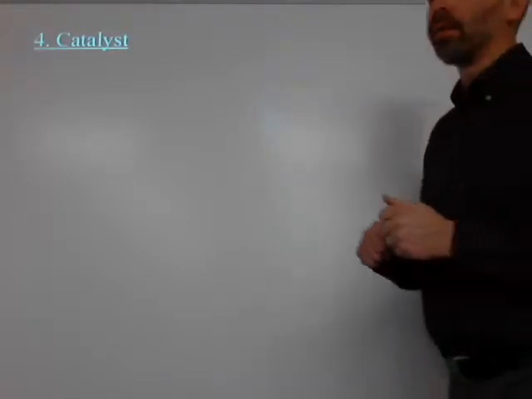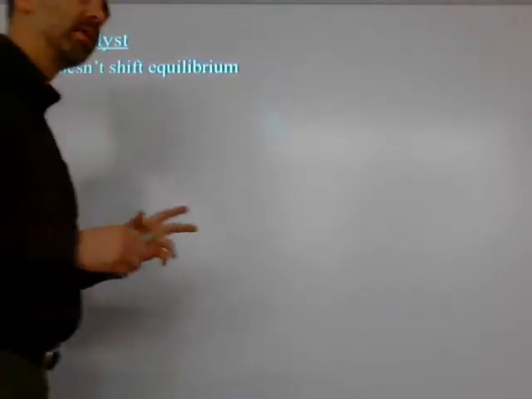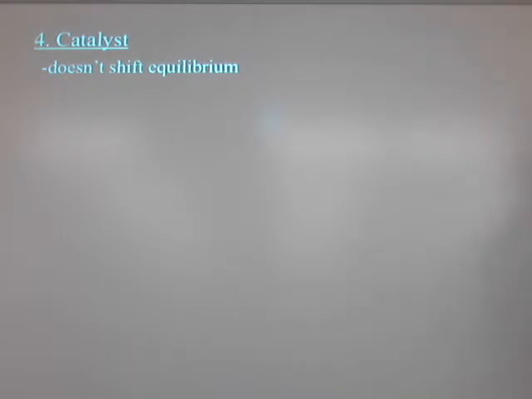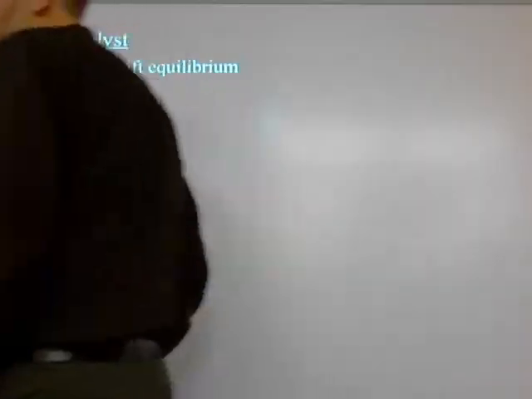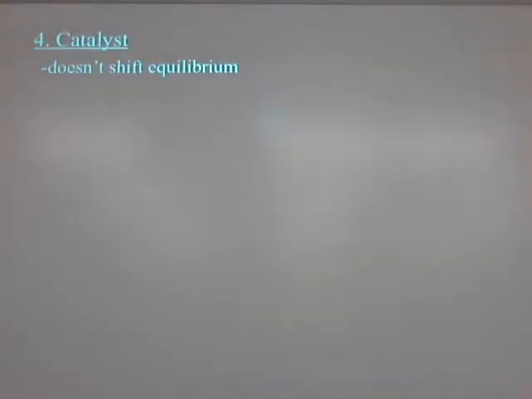Okay, catalyst. How does a catalyst affect equilibrium? Well, the crazy part about this is you would think that a catalyst would affect equilibrium, but it doesn't actually shift the equilibrium. It does affect it in some way, and I'll talk about how in a second. It doesn't shift it.